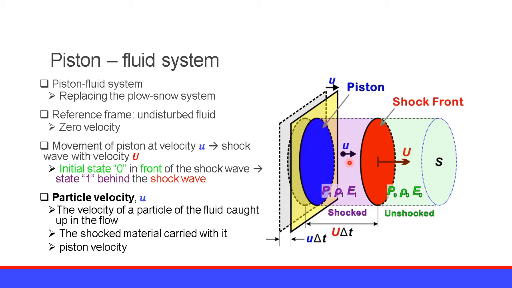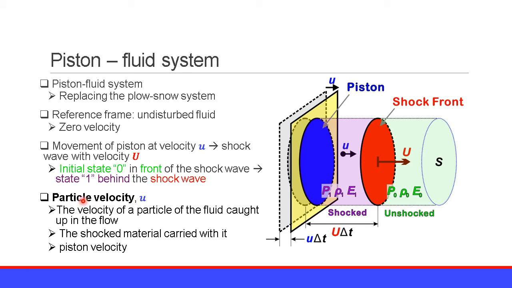Behind the shock wave, the material was compressed, so the pressure is higher, P1, density is higher, rho 1, and internal energy is also higher, E1. During a time delta t, the piston moves by small u times delta t, and the shock front has moved large U times delta t.